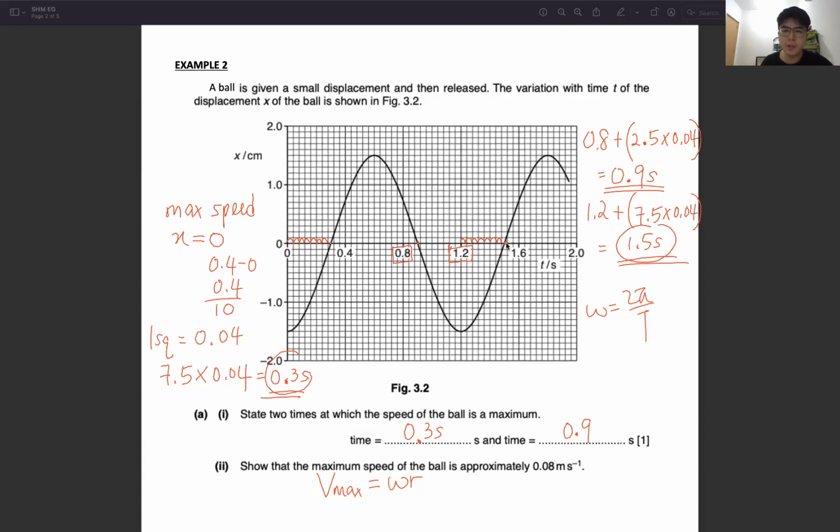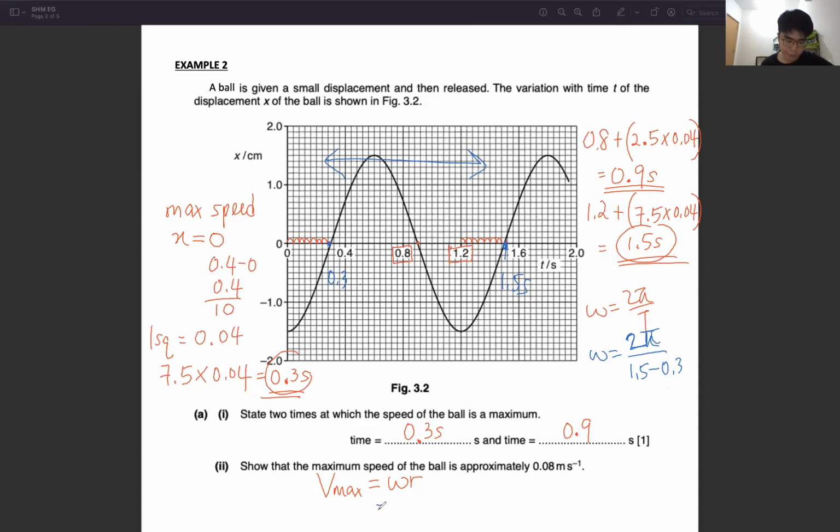Okay, 1.5 is over here, minus this 0.3, we get the period of the wave. Okay, so 2 pi over 1.5 minus 0.3. That's 1.2.